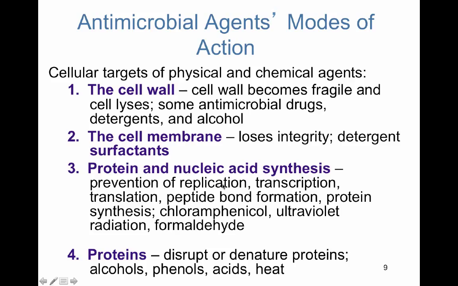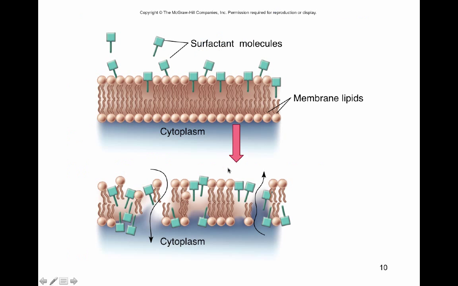So it could prevent replication of DNA or RNA, or DNA to RNA, which would be transcription, or RNA to protein, which would be translation. And if we're targeting the ribosome itself, it could stop the formation of the peptide bond. And there are a ton of drugs that work this way: tetracyclines, macrolides, erythromycin, chloramphenicol. Also UV radiation and formaldehyde all will target the synthesis of these molecules.